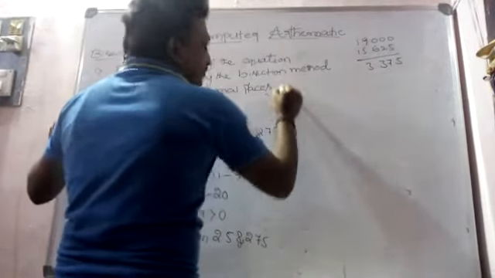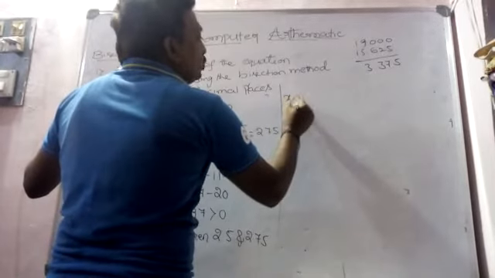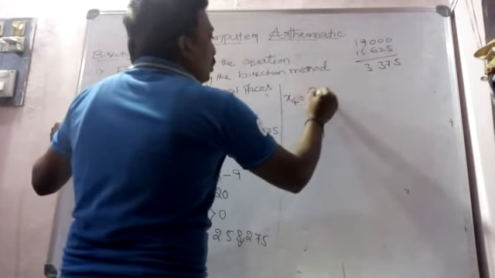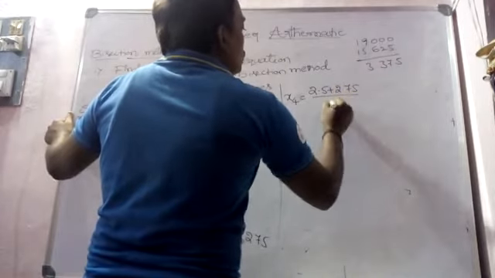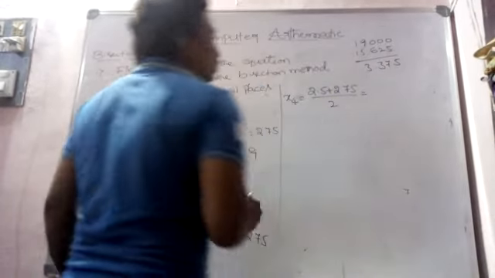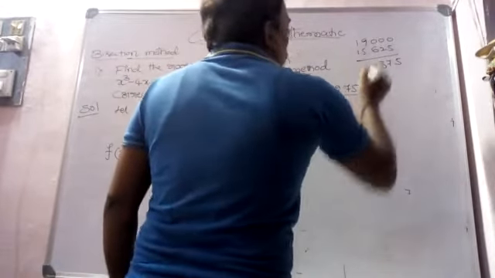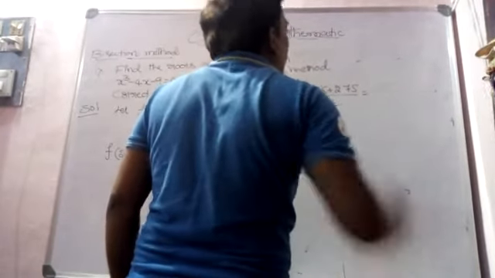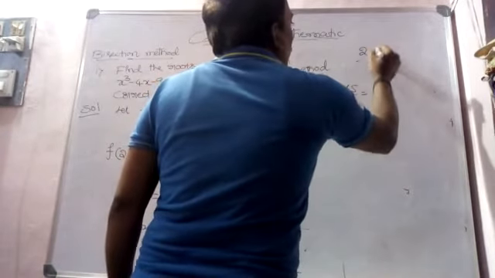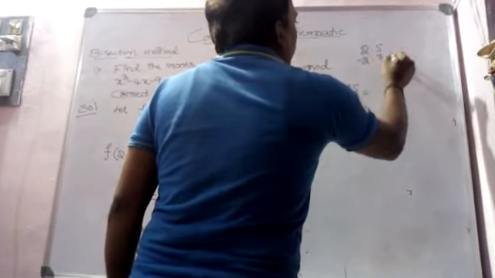See, x4 value. x4 equals 2.5 plus 2.75 by 2. That equals 2.5. Here go to calculation this one. 2.5, 2.75.